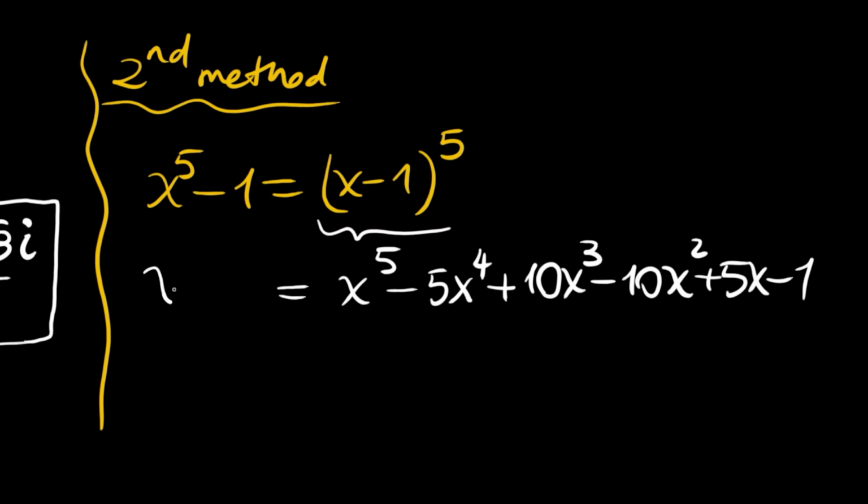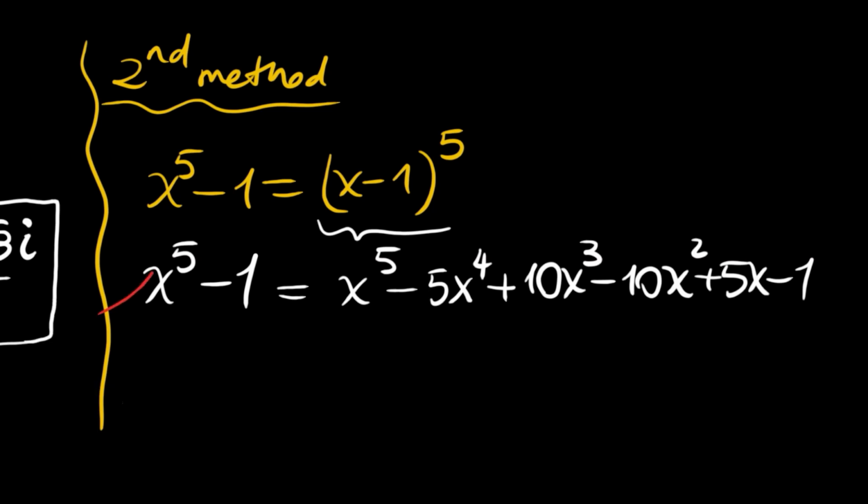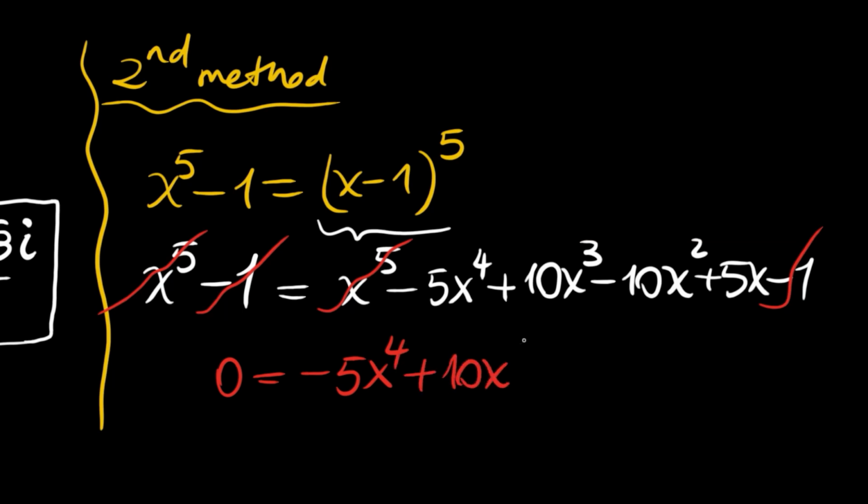And we have x to the fifth power minus 1 on the left hand side. We can cancel x to the fifth power and we can cancel negative 1. We will have 0 equals negative 5 times x to the fourth power plus 10 times x cubed minus 10 times x squared and plus 5 times x.